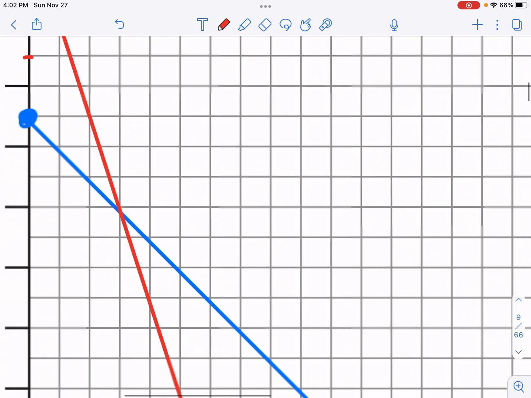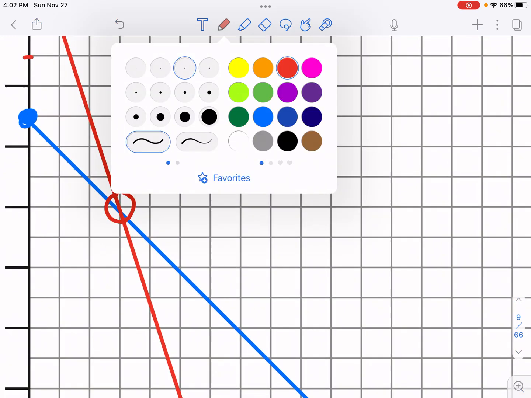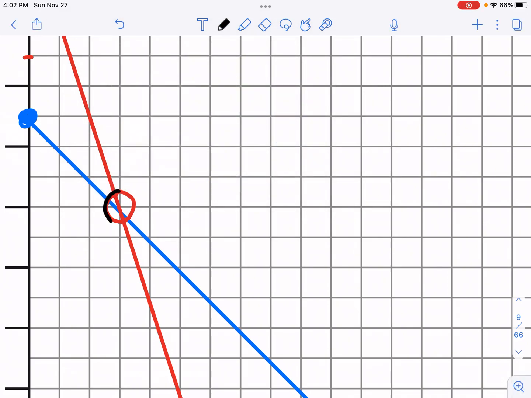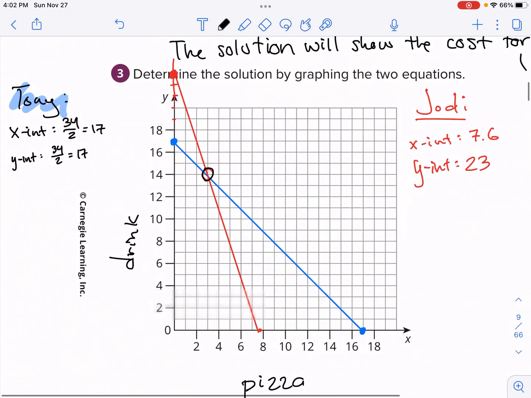Okay, I see a point of intersection that's right here. It looks like we're going to be discussing that. This is the coordinate. Looks like we go from here. That is 3 and 14. All right, so $3 for something and 14 for something.